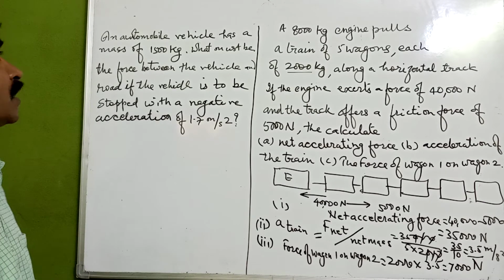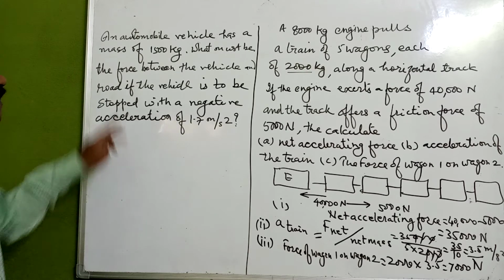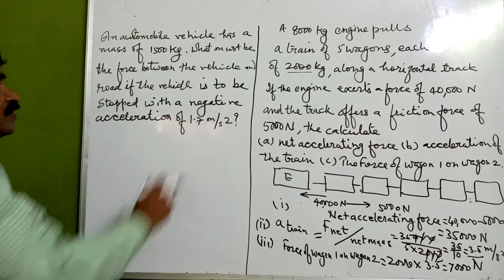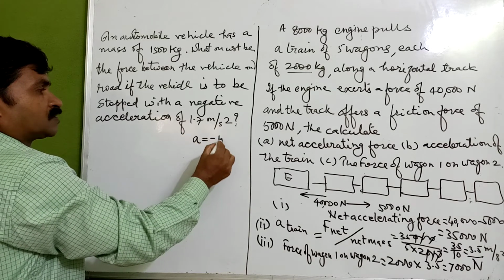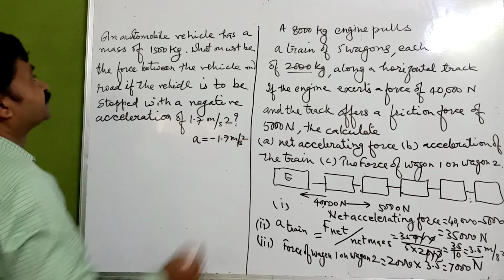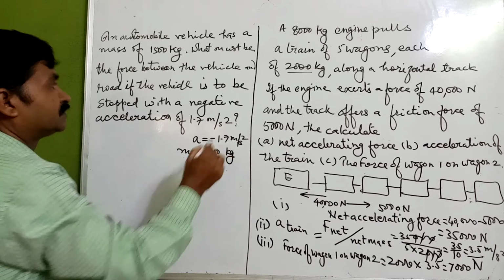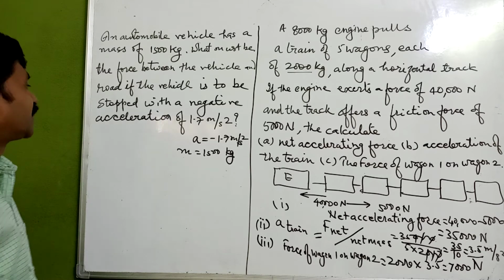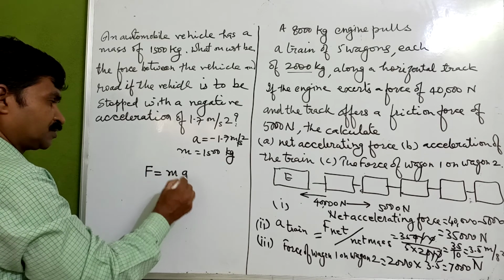Now the next question. An automobile vehicle has a mass of 1500 kg. What must be the force between the vehicle and road if the vehicle is to be stopped with a negative acceleration of 1.7 meter per second square? Now a is given to us, that is minus 1.7 meter per second square. Mass of the automobile is 1500 kg. Now we know force is equal to mass into acceleration.